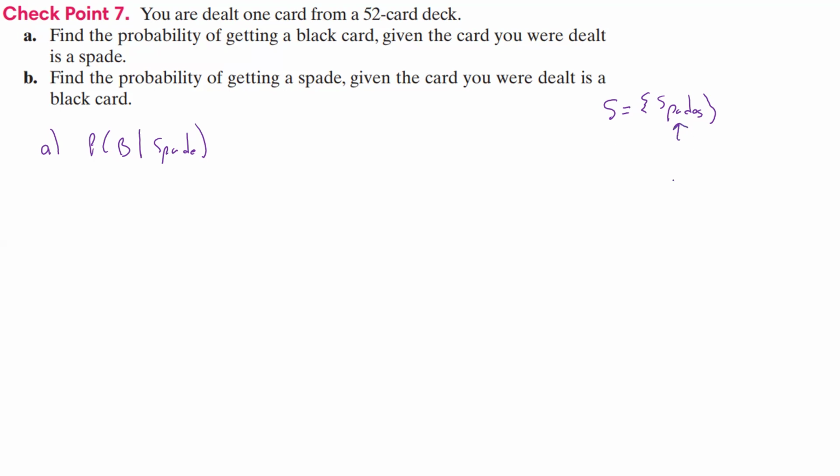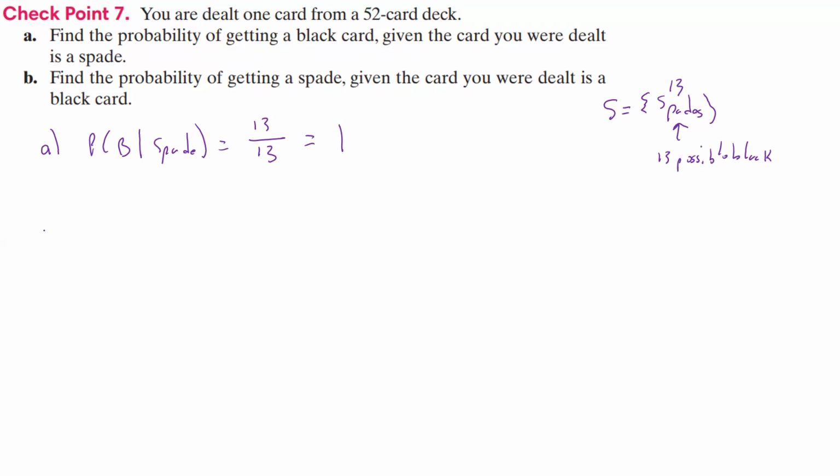Well, all spades are black, so there are 13 of these, and so there are 13 possible black cards. So we end up with 13 over 13, because there are 13 possible black cards out of 13 spades. If we reduce that, the probability is basically one. So the probability is one that you're going to get a black card if you have a spade.